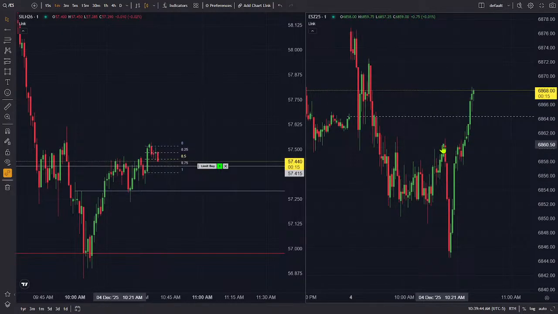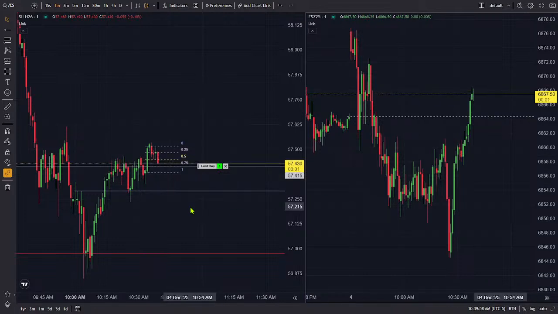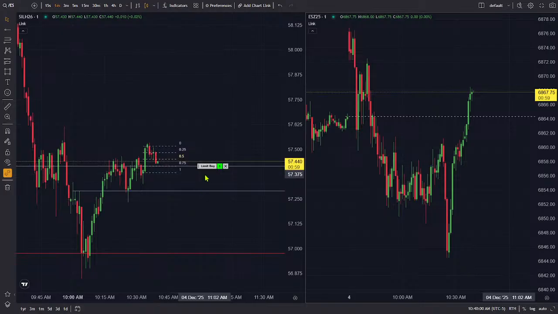From a breaker perspective, this is its breaker. We just had a fair value gap above it. We need to come back down to that at least. We kind of did one little bump to it. I'm about to get filled with silver. Let's see if I want it to come lower.